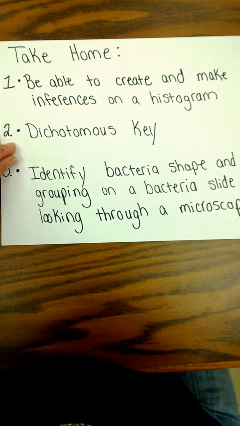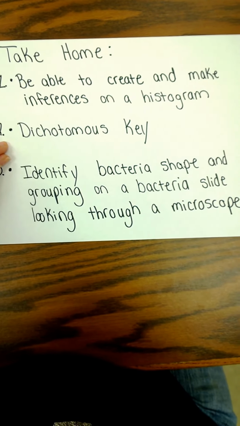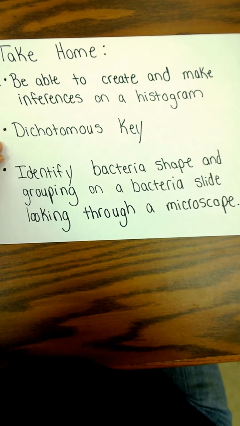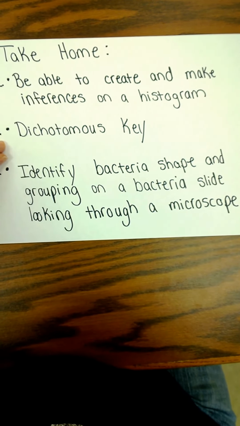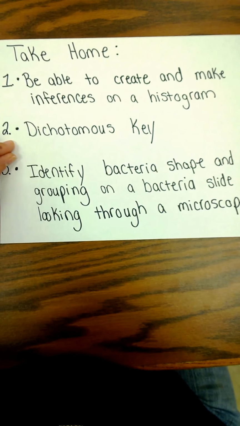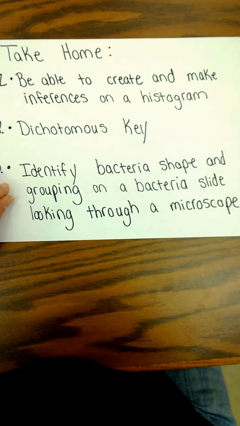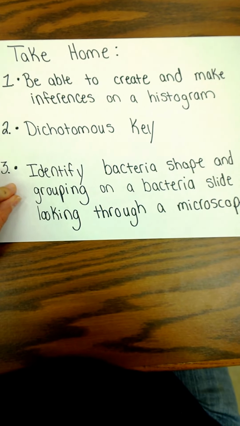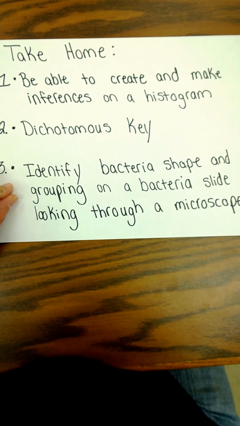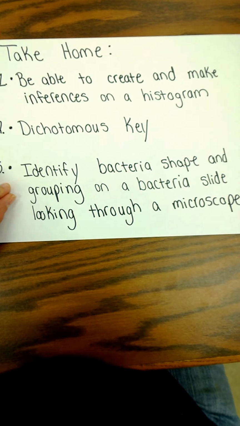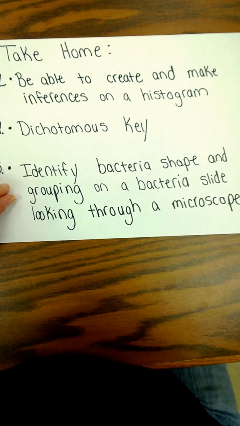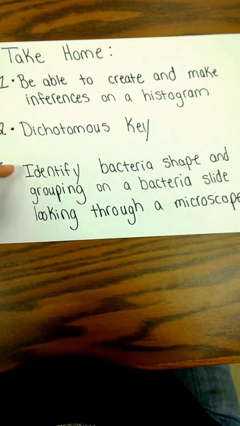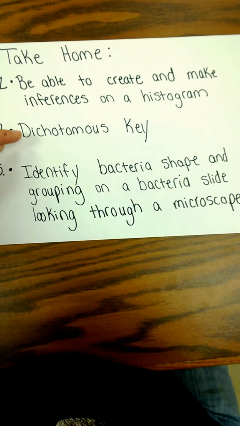Secondly, you need to be able to use a dichotomous key to identify bacterial species by using colonial characteristics. And lastly, you need to be able to identify bacterial shapes and grouping on a bacterial slide looking through a microscope. I covered these in a previous video.